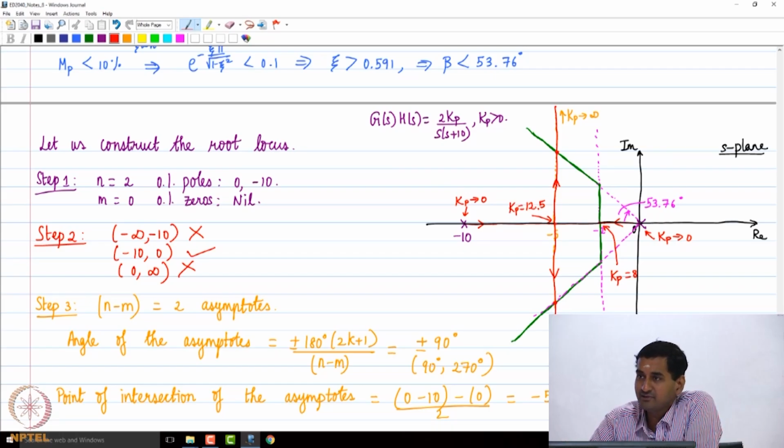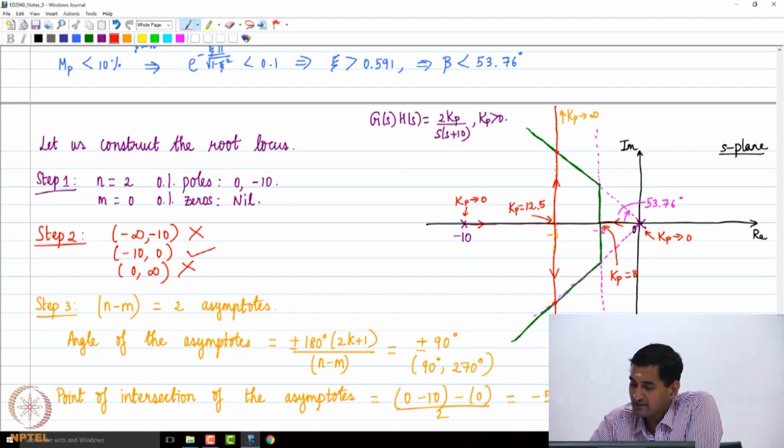First I need to figure out what that point is. How do I find out the coordinates of that point? I hope it's clear what I am doing. I am figuring out for what range of Kp the two branches of root locus lie in this open trapezoidal region, which is bounded by these green colored lines.